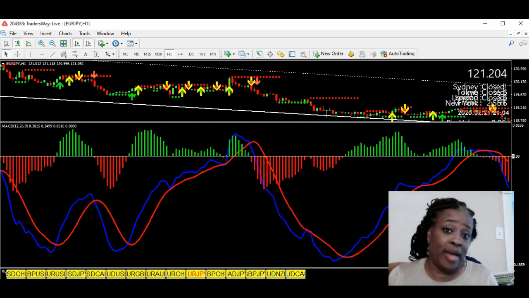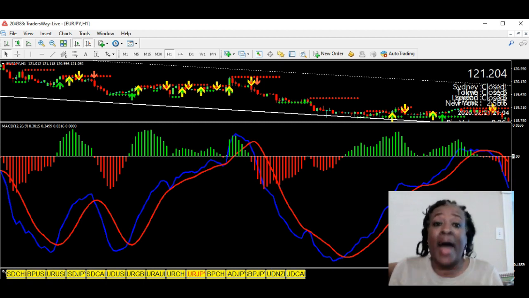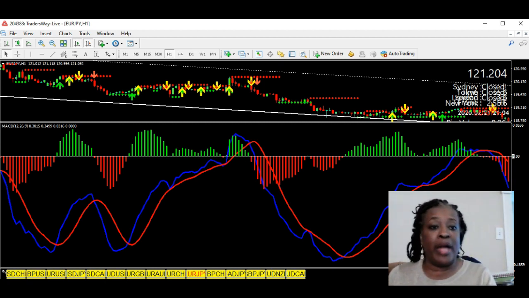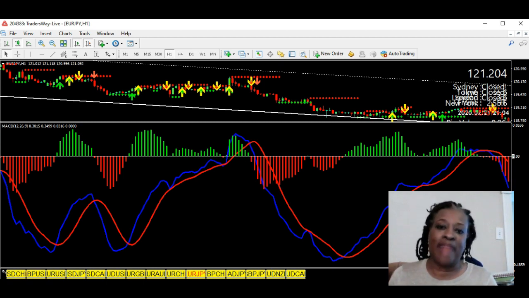We don't control it at all. But with enough evidence, we can surmise a decision on the direction that the market wants to go in. We use our triple arrow system in conjunction with our MACD to make that decision. And it's very, very powerful.